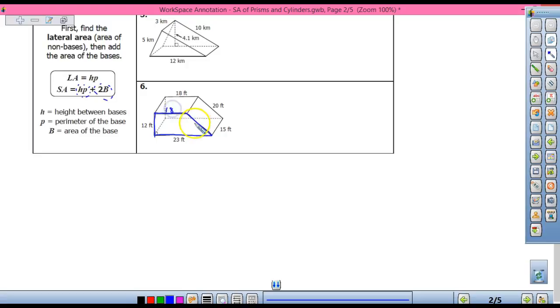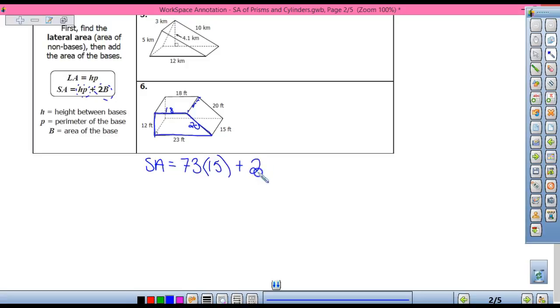So this is 18. This is 20. Surface area equals, what's my perimeter? Add them all up. 73, is that what you guys got? Times, what is my height in this? 15, because that's the distance between my two bases.